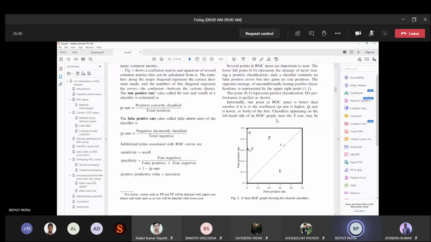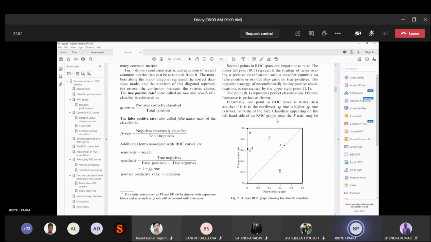Precision is related with the classifier's preciseness. Out of the total predicted positive class, how many are really positive, that gives the precision. On the other hand, recall is column wise: out of the actual positive class, how many positive samples the classifier retrieves.